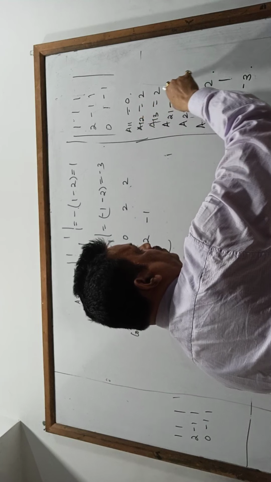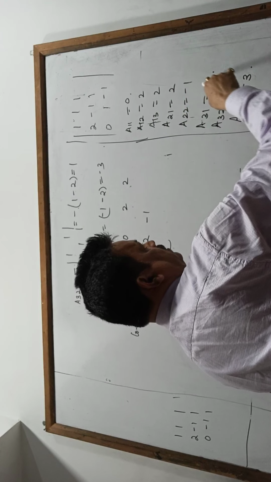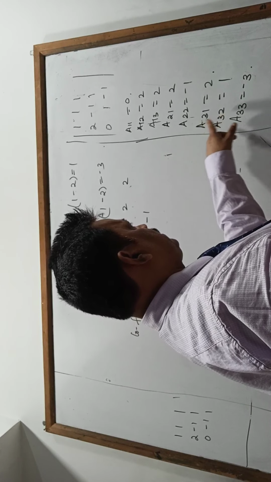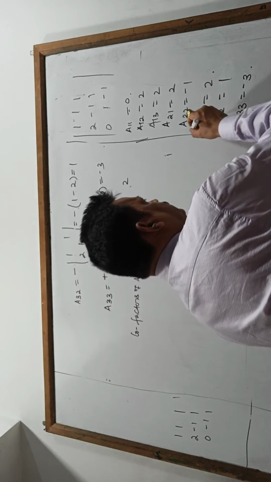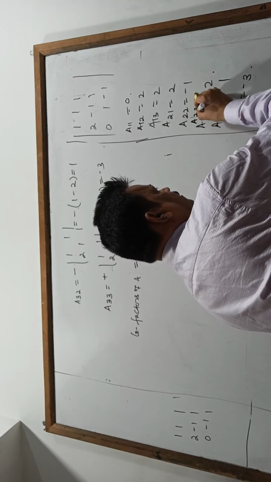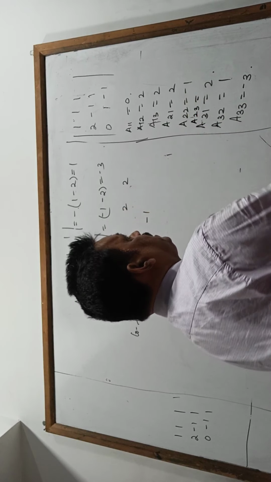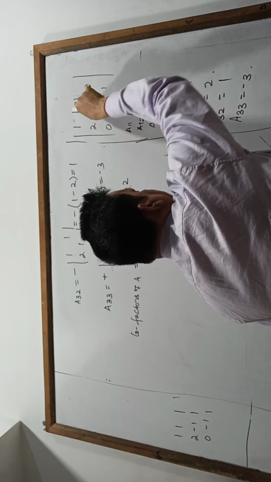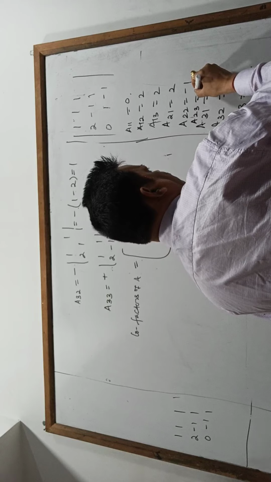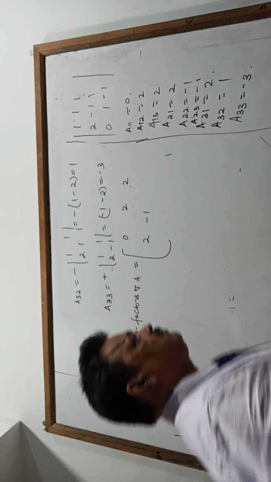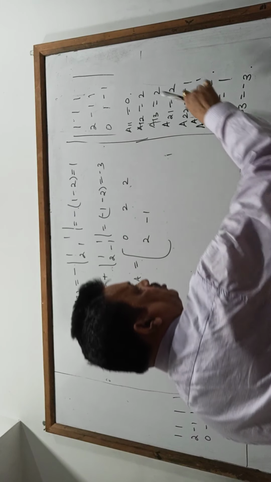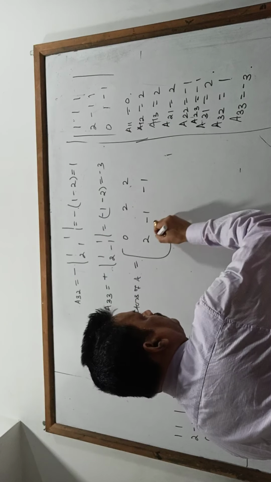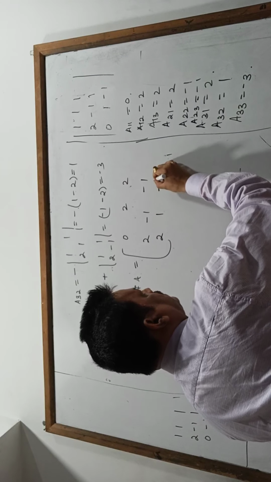I think we are missing something. Yeah, A23 we have missed. A23 is this place, means I am forgetting these two. It is 1 minus 0. That is minus 1. So 2, minus 1, minus 1. Then 2, 1, minus 3.